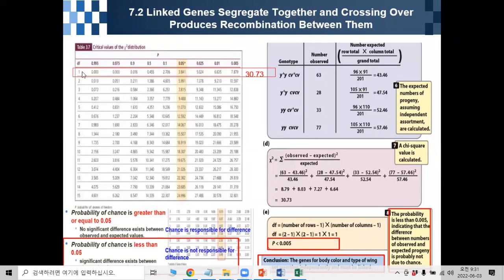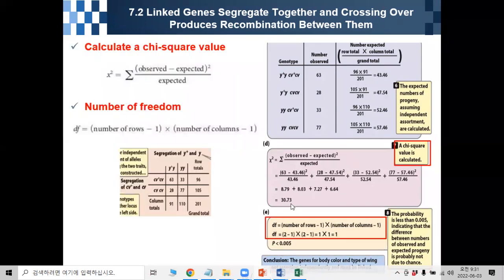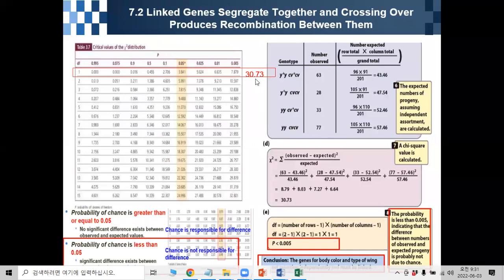Based on df of 1, the number we calculated is 30.73. So it means that the probability is less than 0.005. When the probability of chance is less than 0.05, chance is not responsible for the difference.